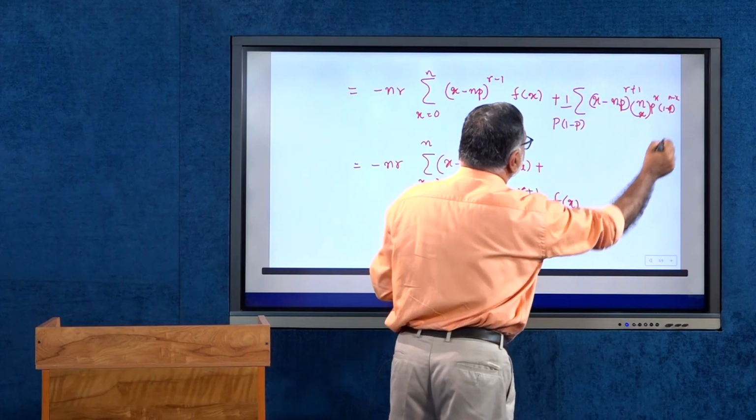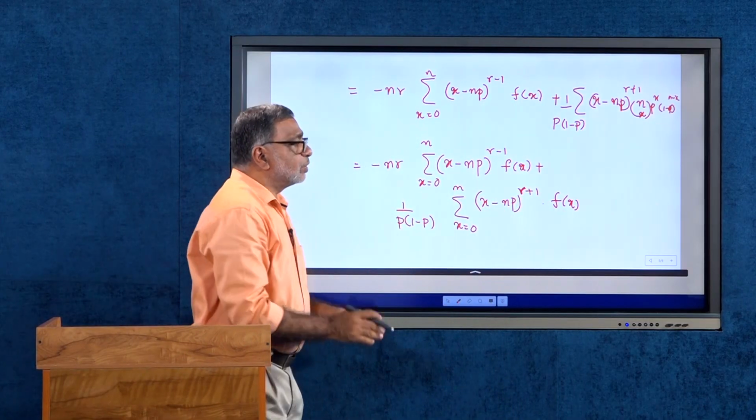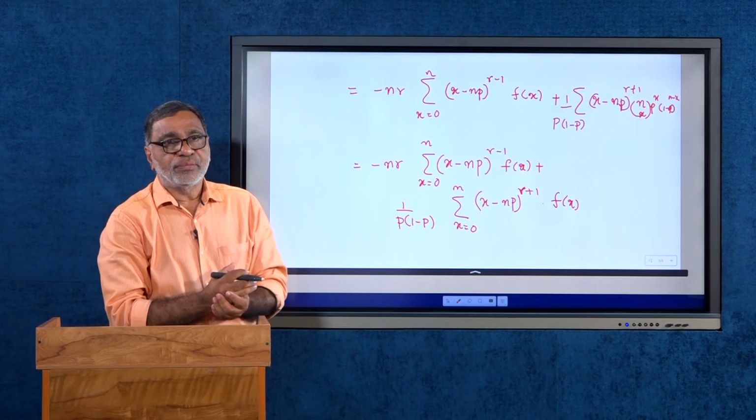This is actually the probability mass function of binomial random variable. So, this is the final expression we have.